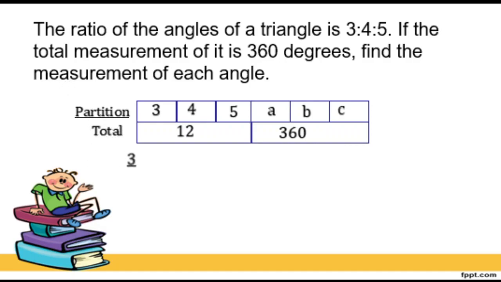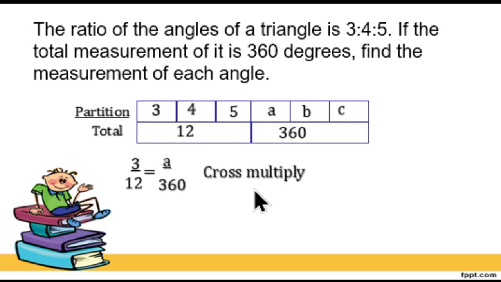and then cross multiply. So 3 over 12, write the ratio, which is equal to A over 360. Then cross multiply. So A times 12 is equal to 12A, and 3 times 360 is equal to 1080.